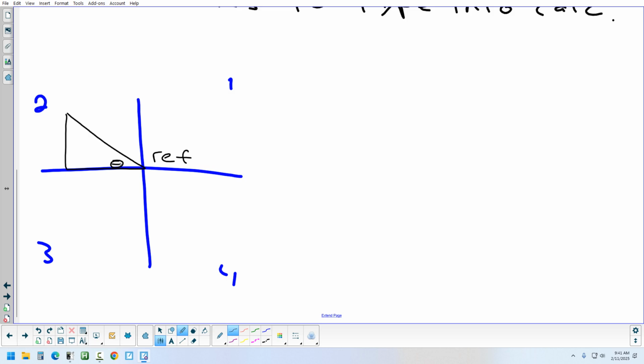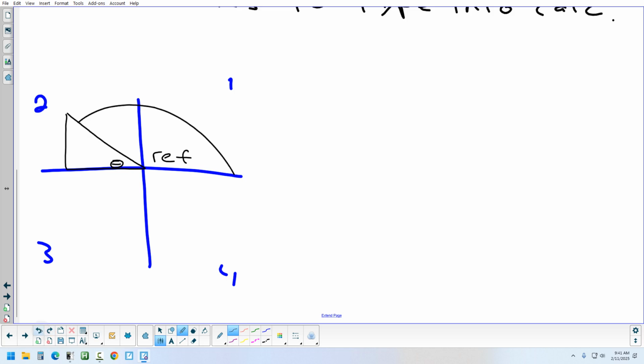That angle is called your reference angle. But what I want to know is how I could use that reference angle to get this entire angle. Does anybody remember, if you know this, what do you do with it to figure out that angle? Yep. You subtract it from 180.